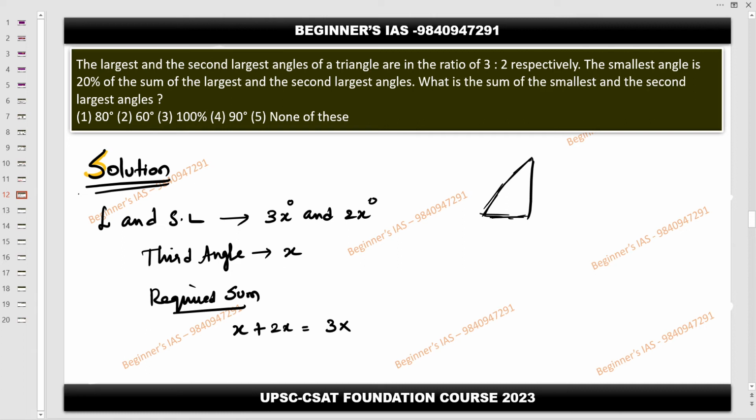But the question is dealing with the sum of the smallest and the second largest. Suppose this is the largest, then this is the next two. What is the sum of these two? 90 degree. So that is going to be the answer. So the answer is 90 degree.